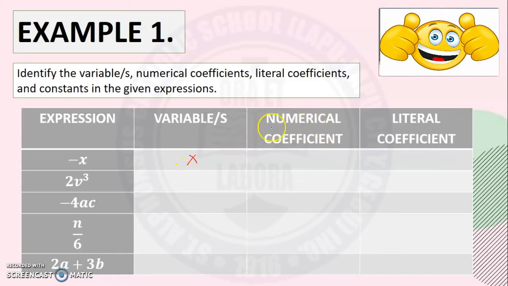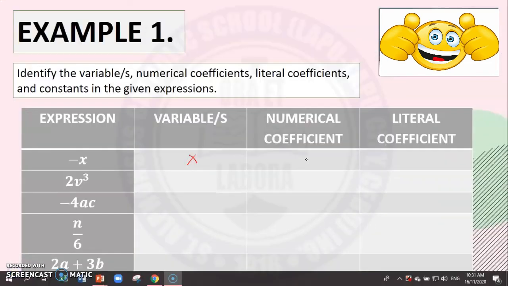Next is the numerical coefficient. We all know that numerical coefficient is just the numerical factor of the given algebraic term. As you can see in the given expression, there is no numerical factor of the term. We cannot see a number beside x.